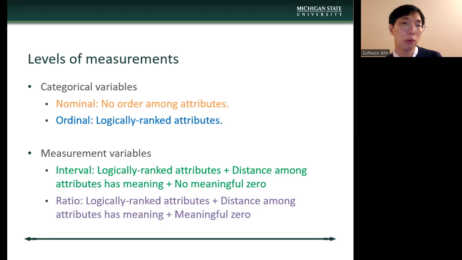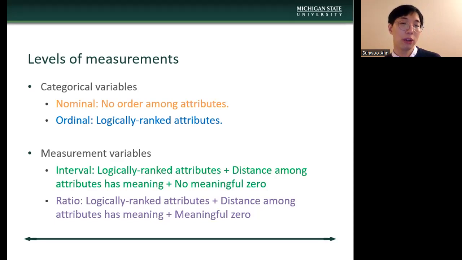The 0 degrees of temperature, like Fahrenheit or Celsius, is arbitrarily decided by scientists. So in the interval measure, there is no meaningful 0, like temperature.